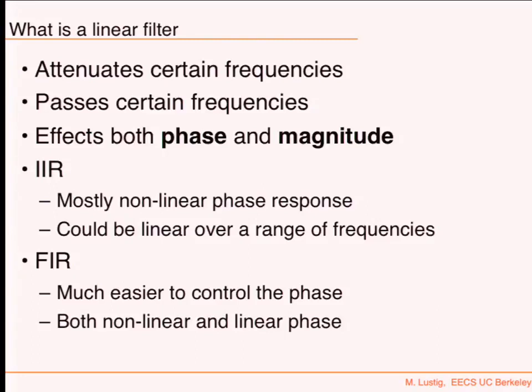The problem is that if I just draw it on the continuum, how am I actually going to implement it? What are the associated memory requirements, delays in the system, complexity, and all sorts of things like this? Now we're going to talk about finite impulse response filters. When I talk about finite impulse response, I could draw the impulse response that I want as much as I like.